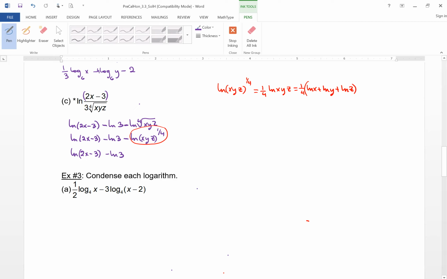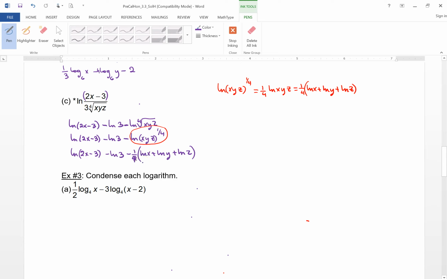As far as the distribution, honestly, I am fine with whether you leave it out here or if you distribute. I'm fine with either. Just make sure that the parentheses are placed properly. So it's 1/4 ln of x plus ln of y plus ln of z.